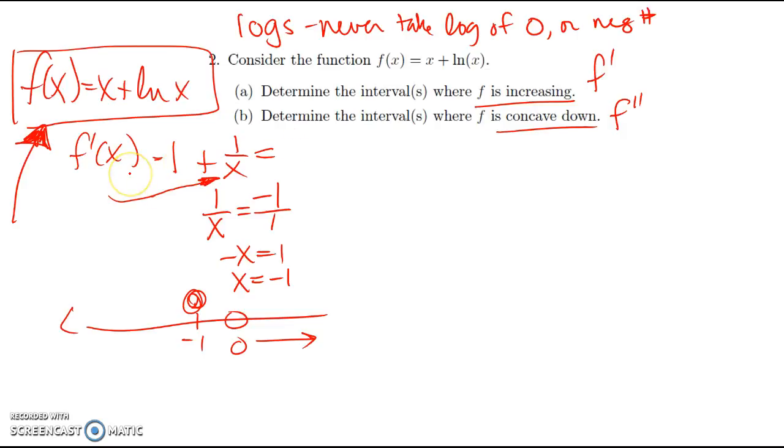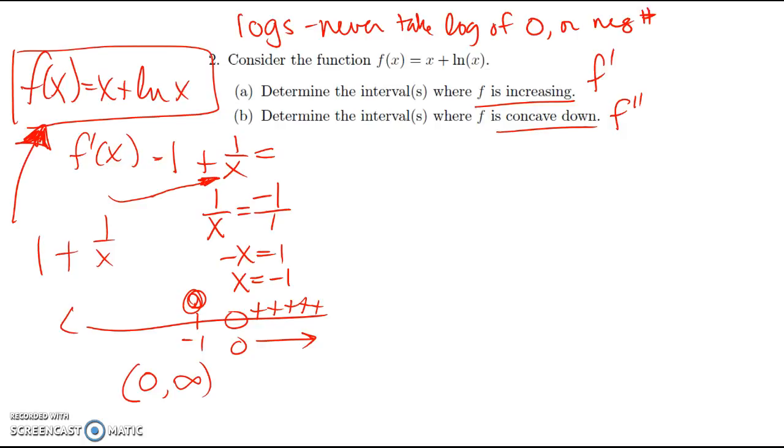And guess what? 1 plus 1 over x is always positive if x is positive, right? So the interval where this thing is increasing, it's always increasing, starting at 0, not including, up to infinity. We cannot use the lower part of the graph there. So it's always positive, always increasing.